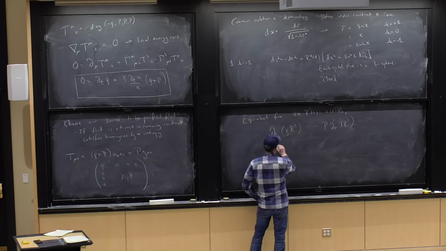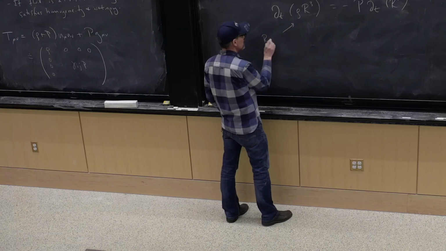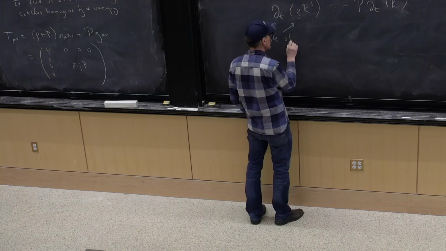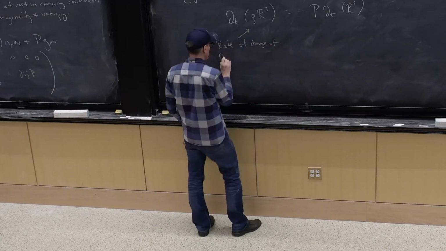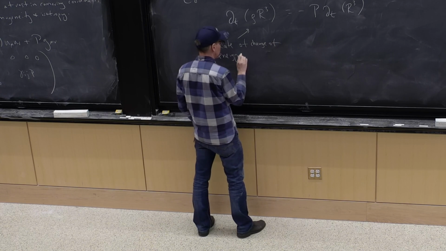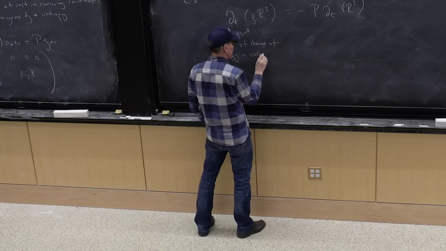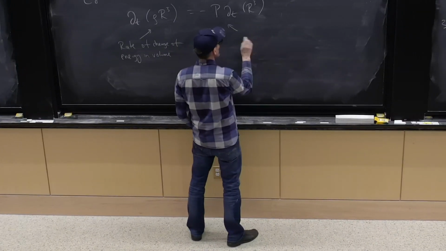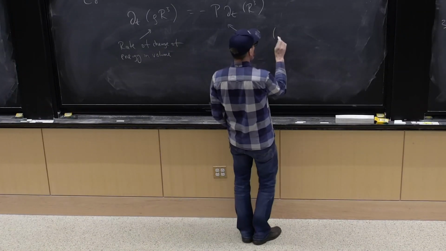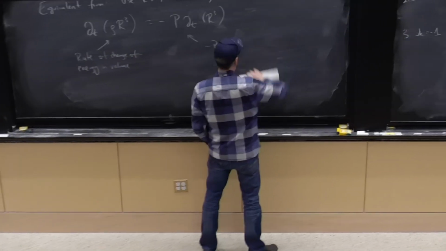And so this is saying the rate of change of energy in a volume describing my spatial slice is equal to negative pressure times the rate of change of that volume.